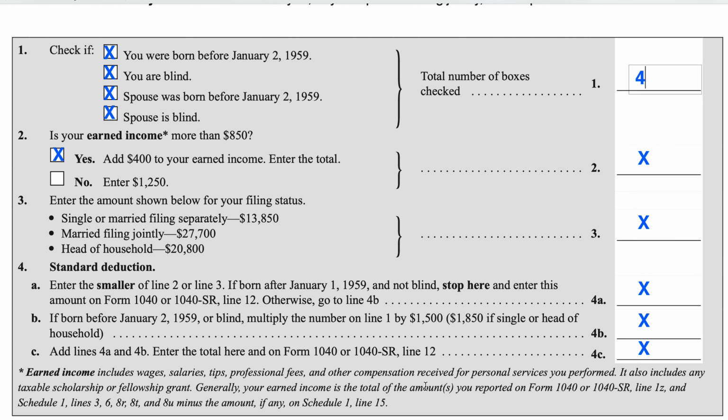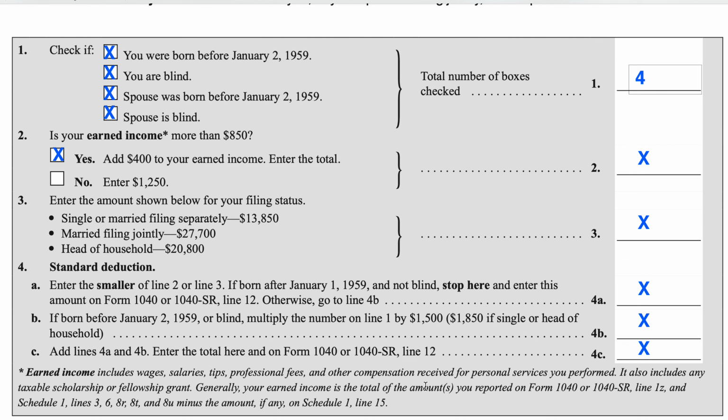It can also include a taxable scholarship or a fellowship grant. Most of those programs have some sort of work-related clause. So if you have a taxable scholarship that's above and beyond what you can consider to be tax-free income, then that's probably earned income.